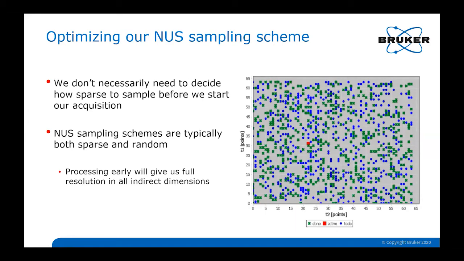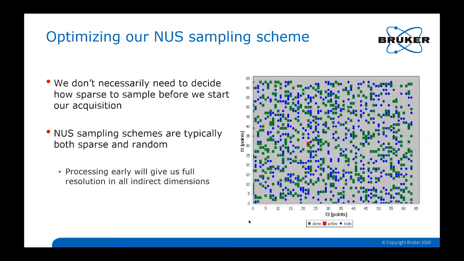And when I mentioned stopping the experiment, we really don't have to stop the experiment to do this. We can let the experiment continue to run and process the data that we have. If the spectra look good enough, then we can halt the experiment. Or if we decide that we still need more signal to noise, or we have NUS reconstruction artifacts, we can let the experiment go through to completion.